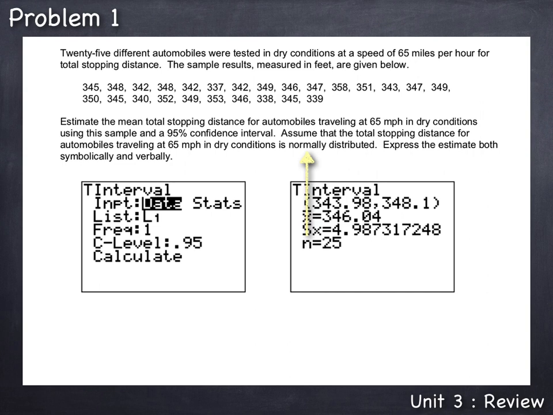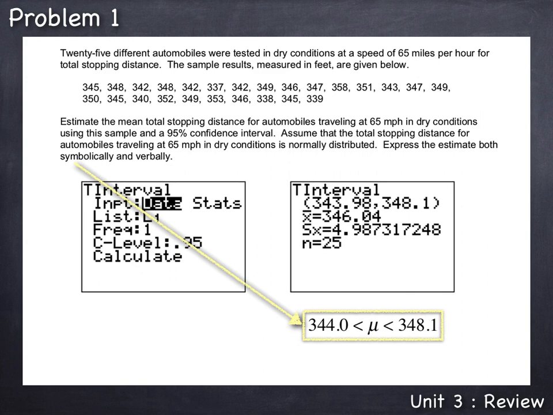So now we're ready to express the estimate both symbolically and verbally. First, symbolically. Here we use the symbol mu for the population mean that we're estimating, surrounded by less than signs. Symbolically, this is how we show that in this case, the population mean is in between the lower limit and the upper limit that makes up our confidence interval.